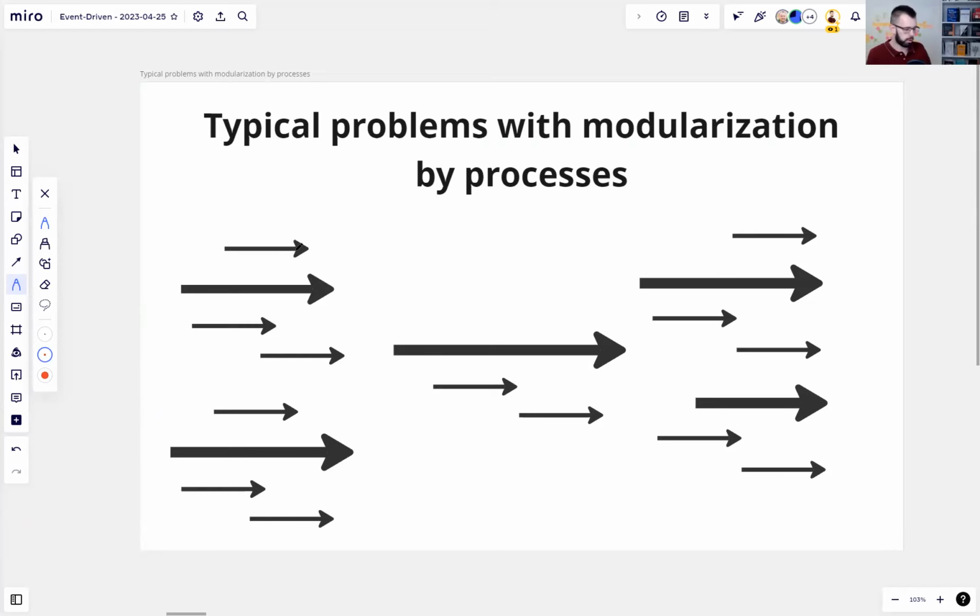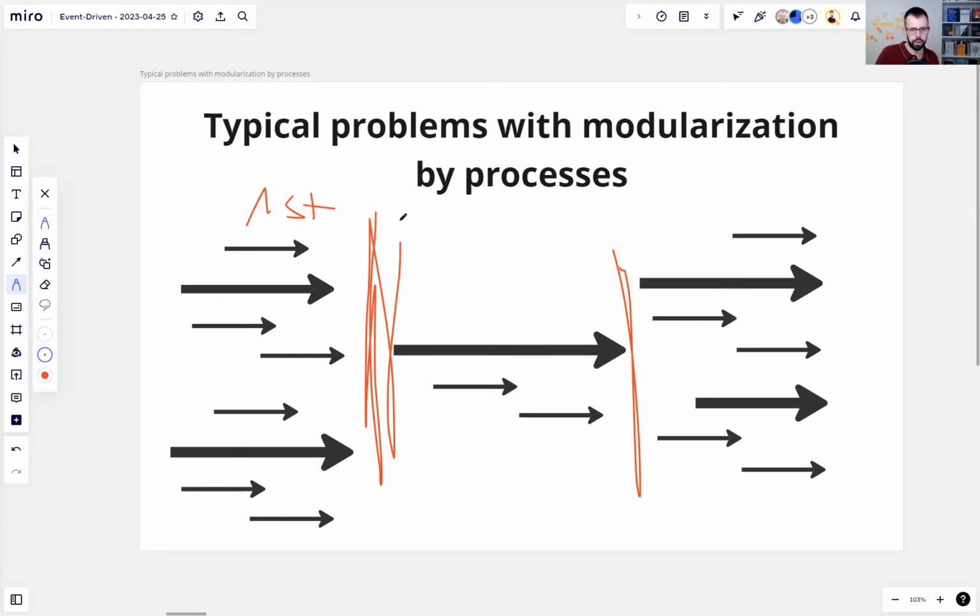The process comes from one point to another, passing more and more data. And by visualizing it like that, it becomes very easy to modularize the system. Okay, let's have the modularization somewhere here, somewhere here.